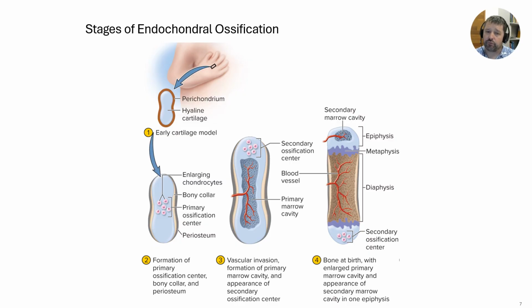That will start the ossification process, and you'll start to get ossified material. You'll start to get spongy bone occurring in the region associated with bone marrow.